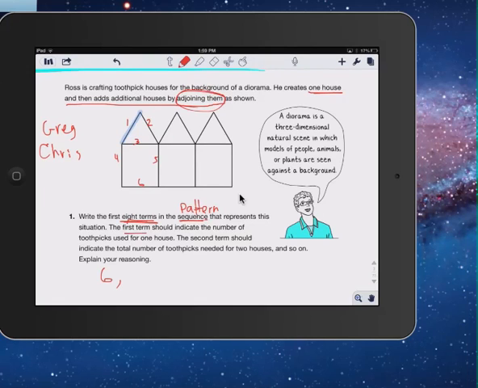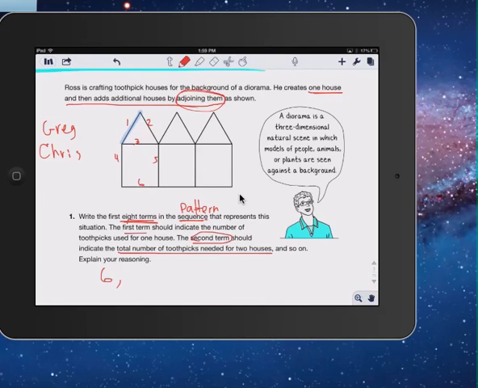The second term should indicate the total number of toothpicks needed to make 2 houses. Underline that. What did I underline, Julian? Do I just need the number of toothpicks for 2 houses or the total number of toothpicks?